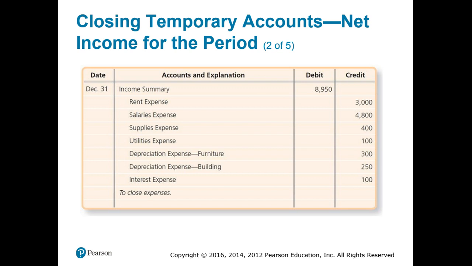And the result, you would have a debit to your income summary and a credit to each of your expense accounts for the amount that was in those accounts that you have now cleared out. So like the 3,800 would be the amount that you would list for the rent expense account in the example that we have on the board.